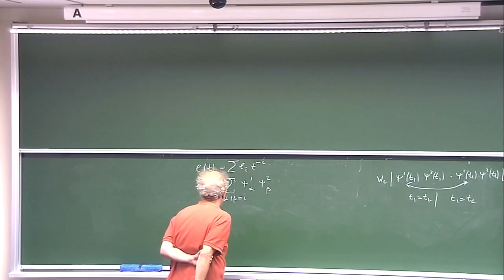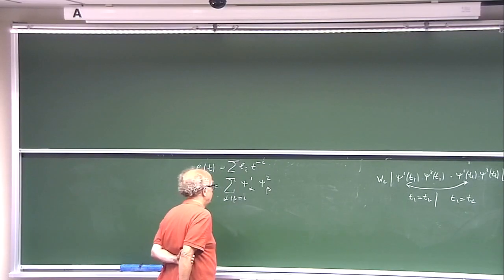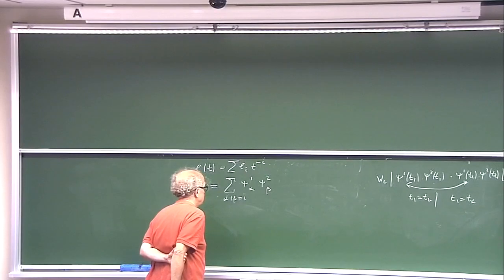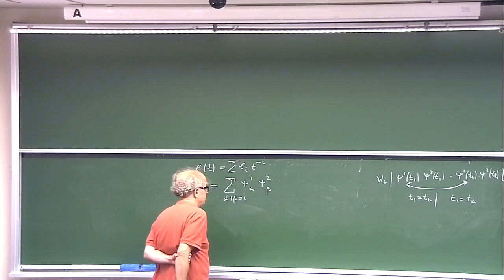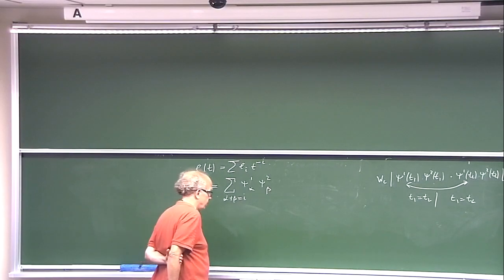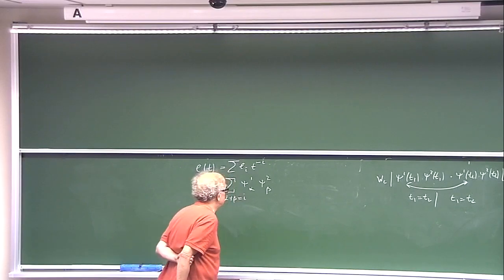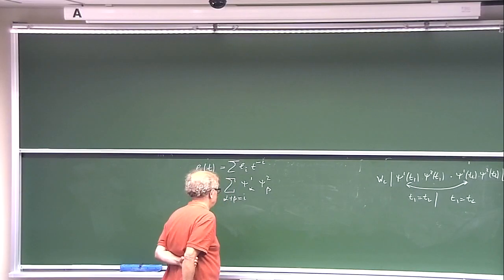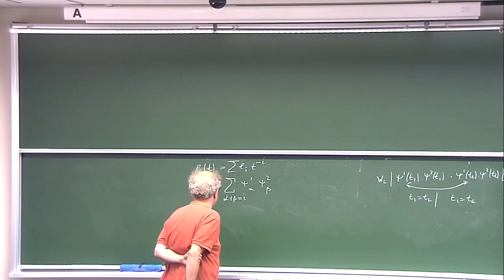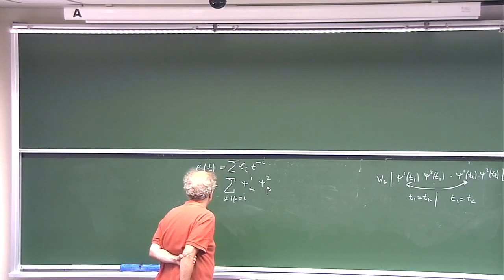Again, it is an infinite sum, but it is acting on my space, because of the same reason, on any vector. Only the final part of this formula is acting and non-trivial.